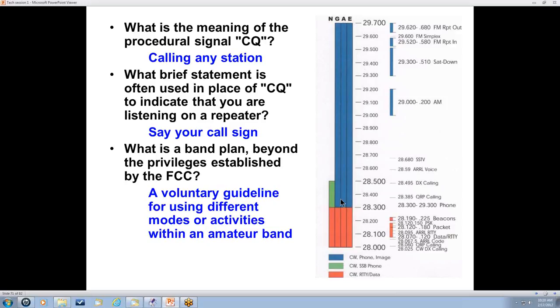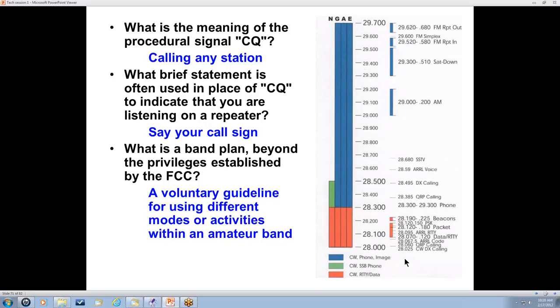And then in the blue area, we can do CW or phone or image transmissions like slow scan television. So these are the FCC rules right here, the colored bands.